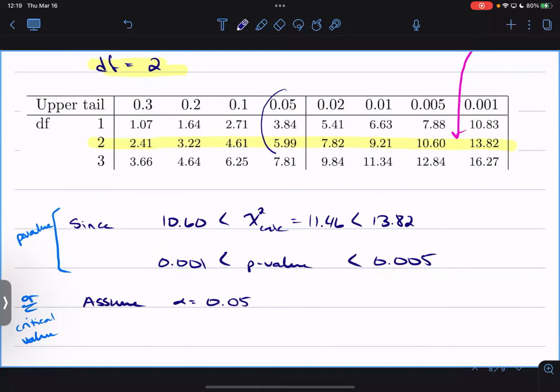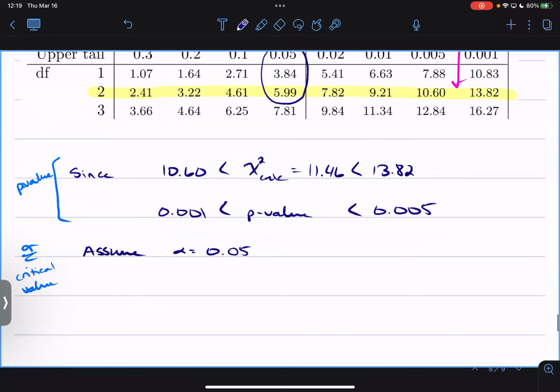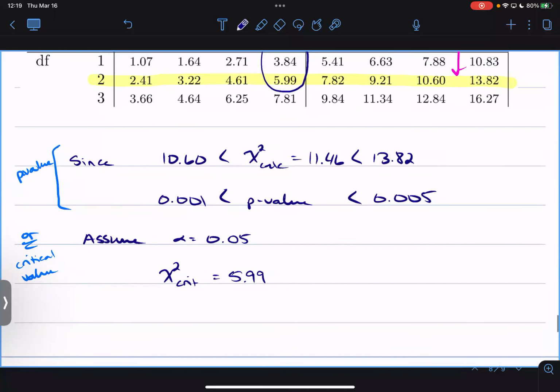So then 0.05, the chi-squared critical is 5.99. So since 11.46 is larger than the critical value of 5.99, we have enough evidence to reject H naught.